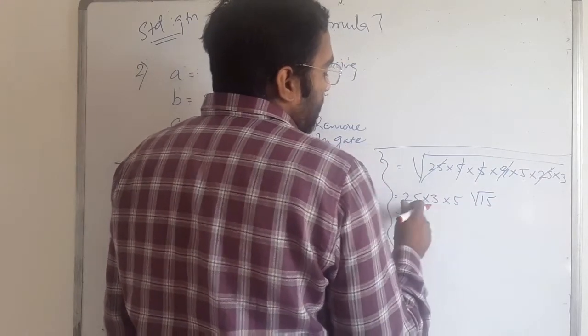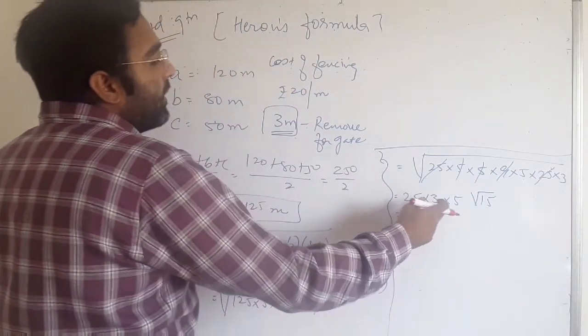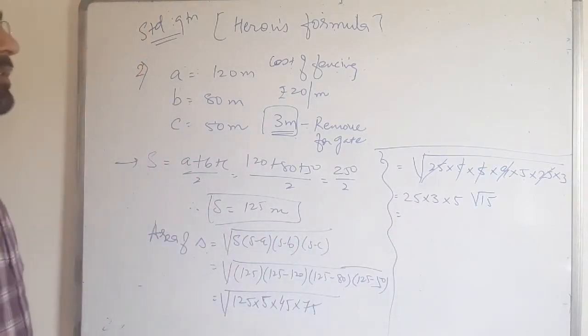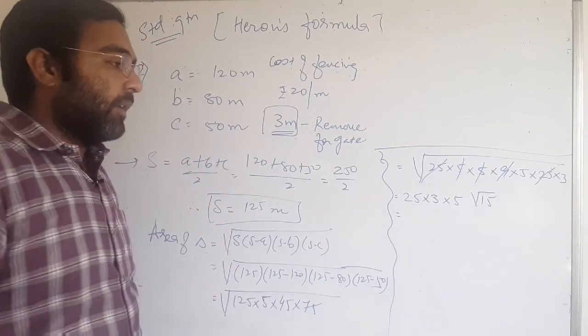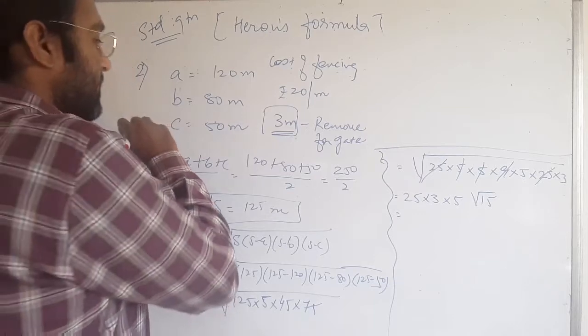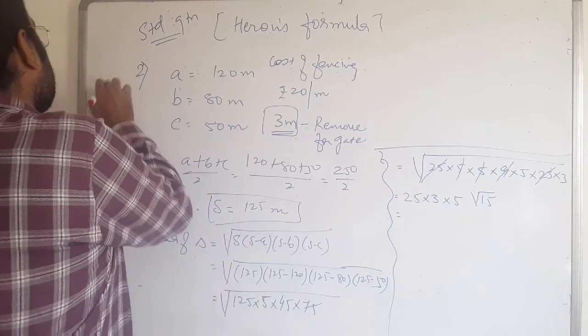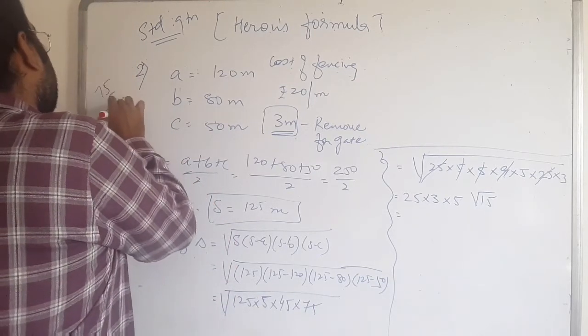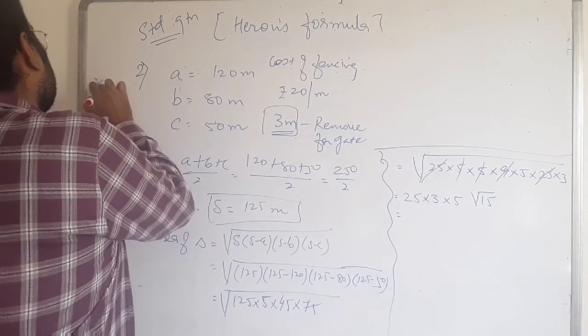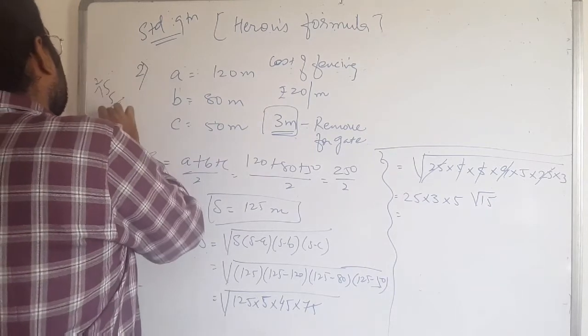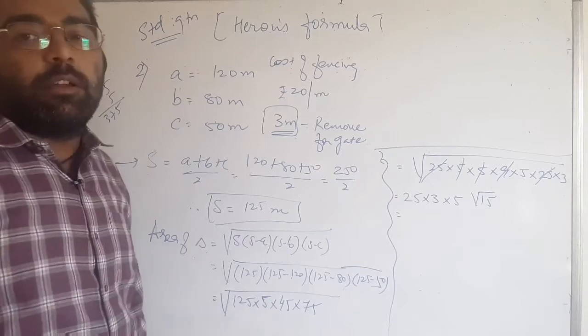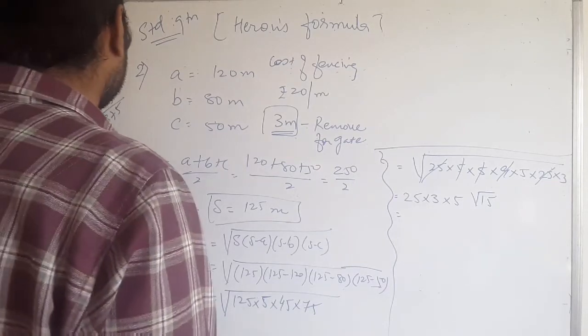So now we write 25 3s are 75, 75 5s are 375.